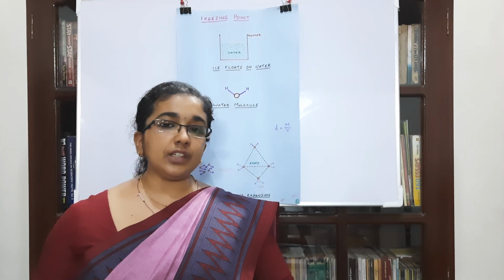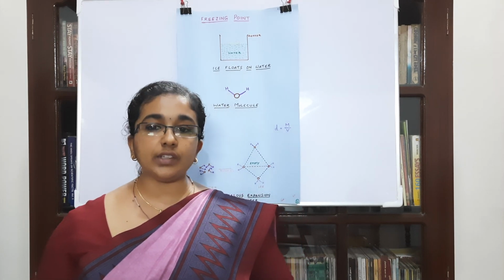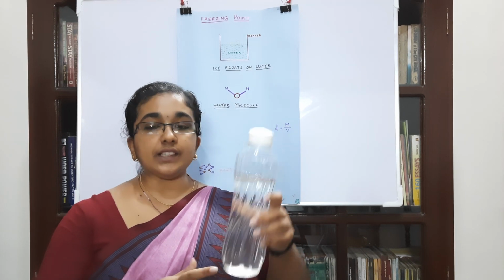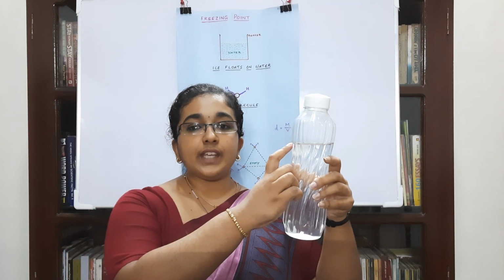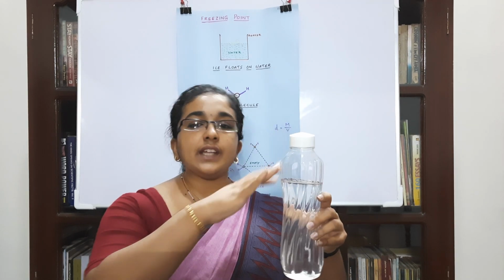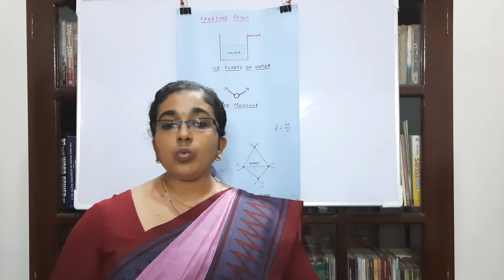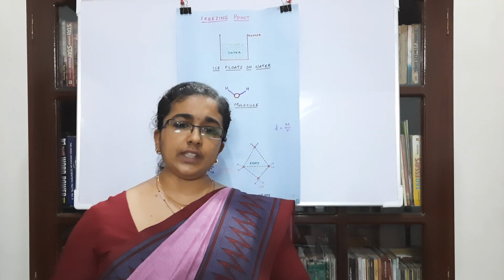Okay, let's do an experiment. Take 3/4 of water in a glass bottle like this, and note the water level. Okay, and then close it and place it in the freezer. After a few hours, take that bottle out and observe it.